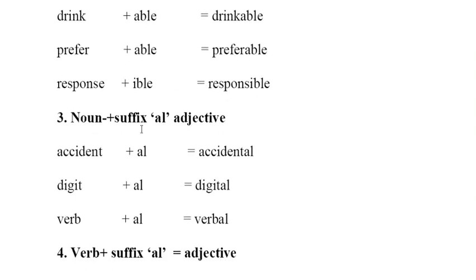Then noun plus suffix al and it becomes an adjective. Accident plus al, accidental. Digit plus al, digital. Verb plus al, verbal. So here suffix al is added with a noun and it becomes an adjective.